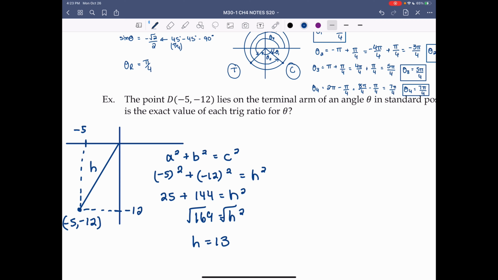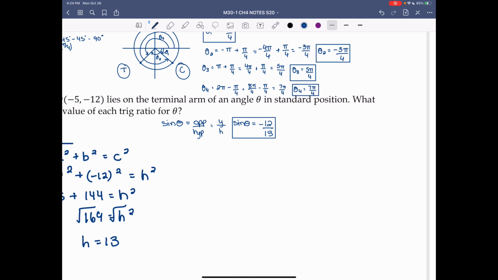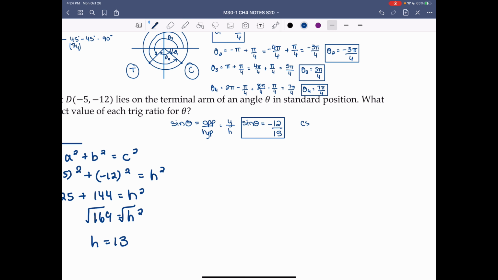We'll start with the sine ratio. Sine theta equals opposite over hypotenuse, which equals the y value over the hypotenuse. So sine theta equals negative 12 over 13. Then the reciprocal function, cosecant theta equals 1 over sine theta.